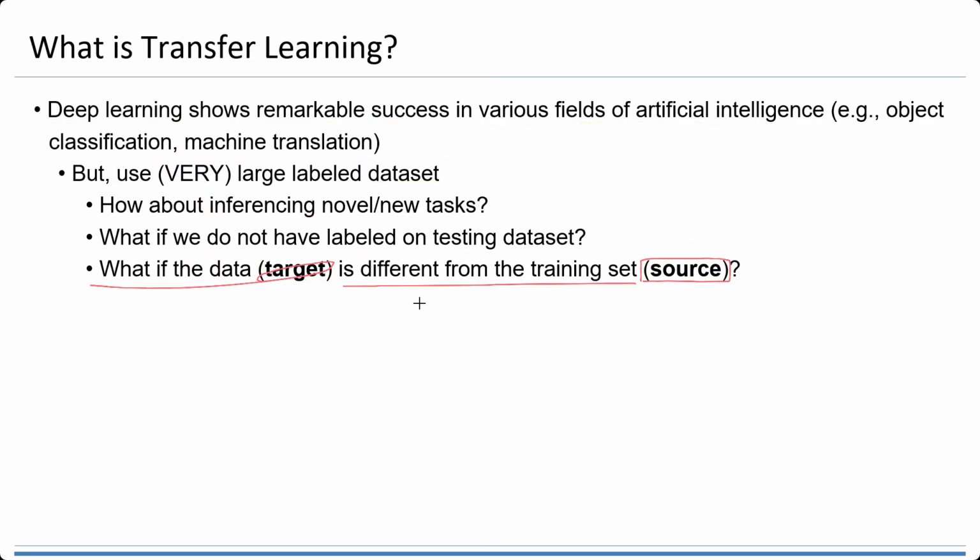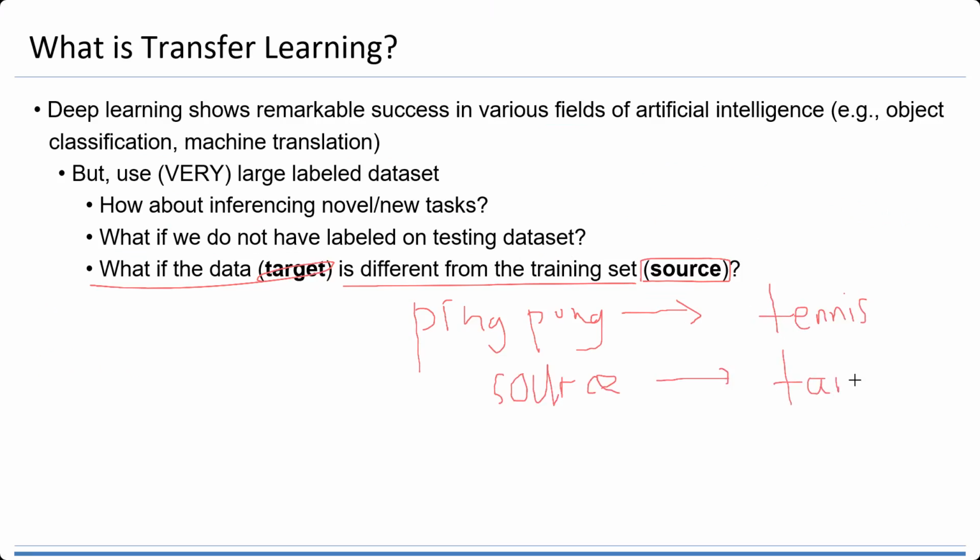Let's say, as I mentioned, you can play ping pong and I want to transfer to tennis. We call this the source. The source data that you have is about playing ping pong, but you want to recognize and learn about tennis, which is the target.